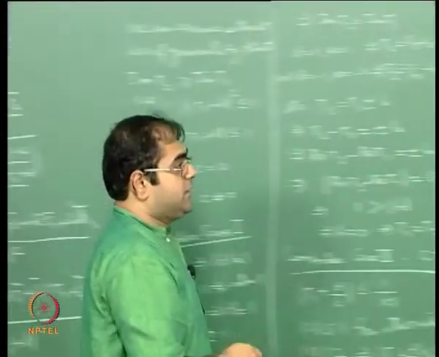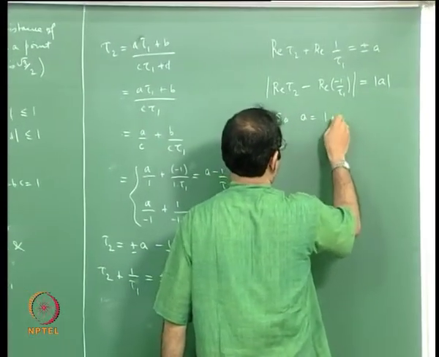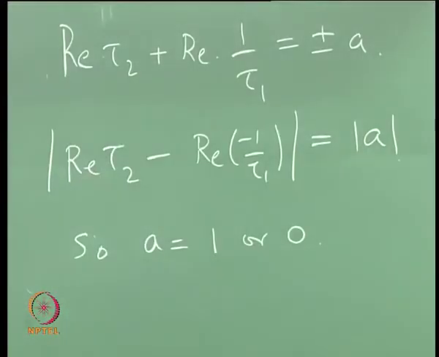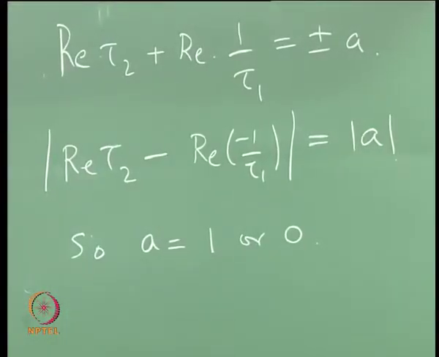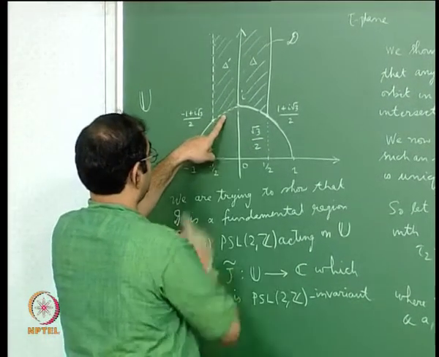So a is 1 or 0, and I want to rule out the case when a is 1.